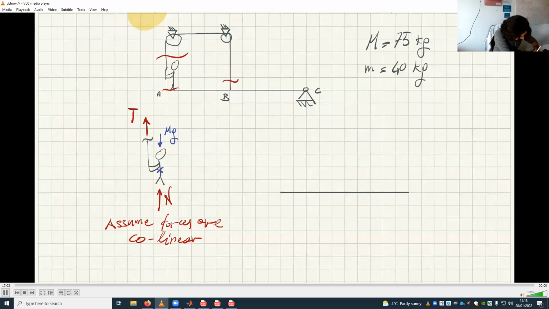And so this is point C. This is point B. This is point A. So in A, how many forces are acting on this beam in total? Let's start with A. Which force do we have in A?